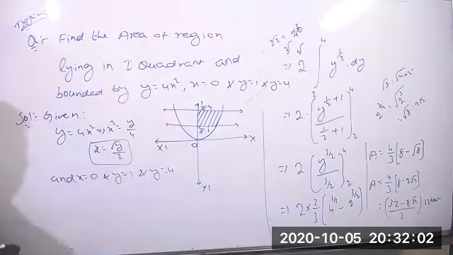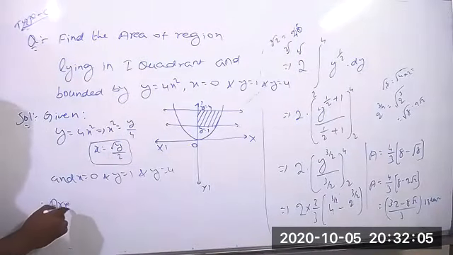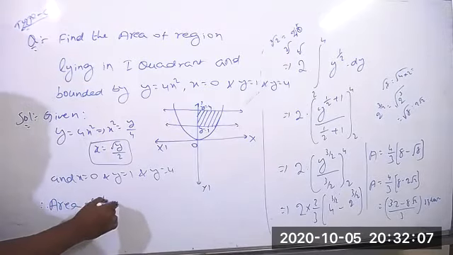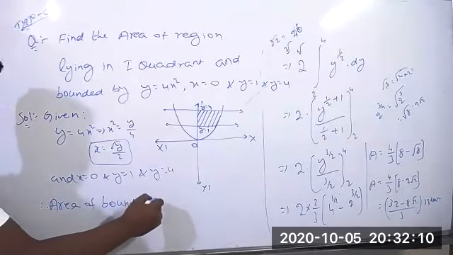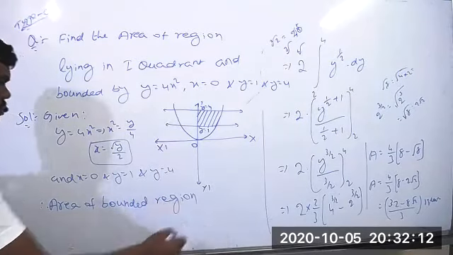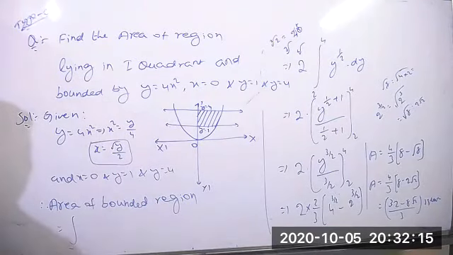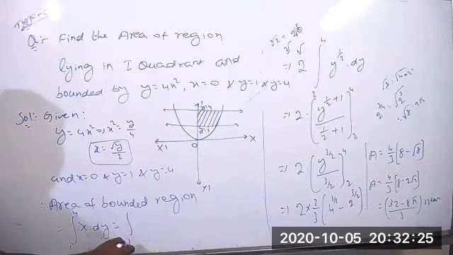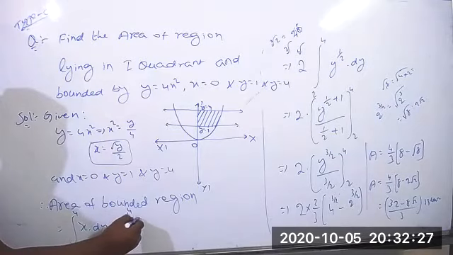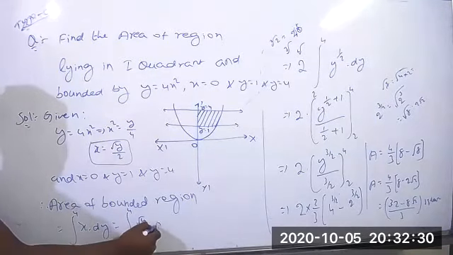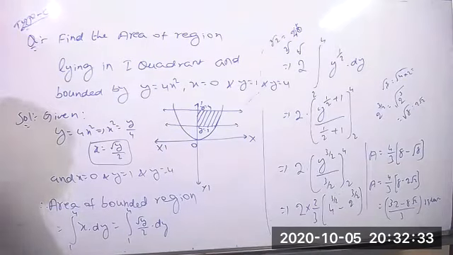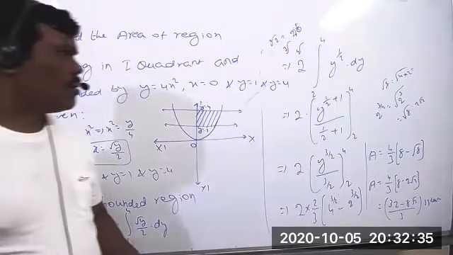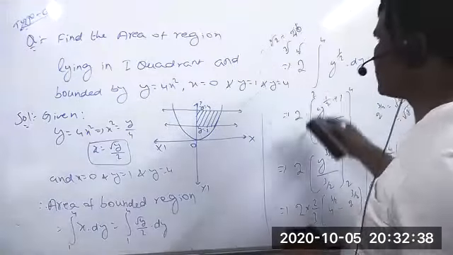So therefore, area of bounded region is equal to integration of, tell me the limits here now. 1 to 4. So x into dy. So integration of 1 to 4, x equal to root y by 2 into dy. So 1 by 2 take outside, and the rest of the thing will be same.